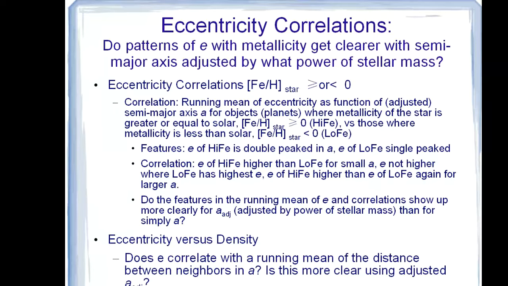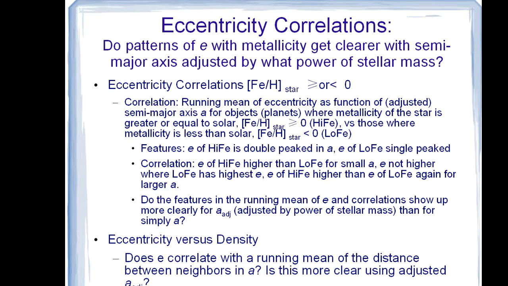Then as you increase your semi-major axis or period, you run into a region where the correlation appears to disappear. Perhaps there's even a small region where the running mean of the eccentricity is higher for the low-metallicity objects.